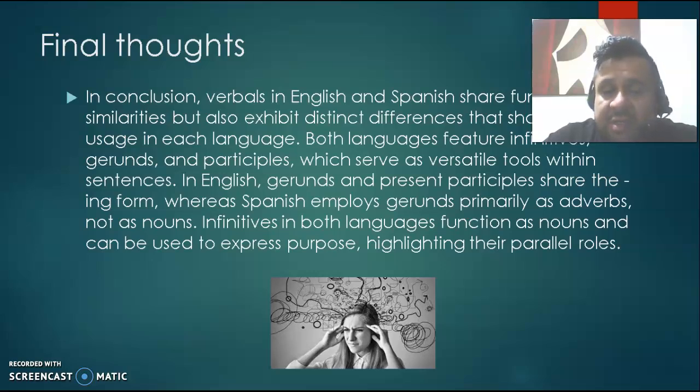In English, gerunds and present participles share the ing form, whereas Spanish employs gerunds primarily as adverbs, not as nouns. Infinitives in both languages function as nouns and can be used to express purpose, highlighting their parallel roles.